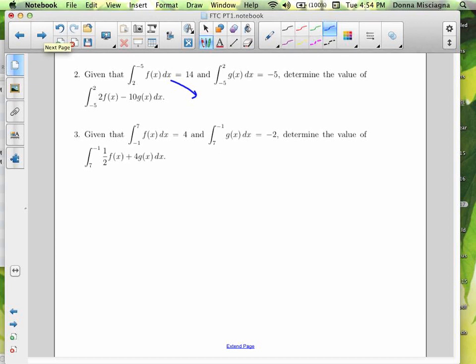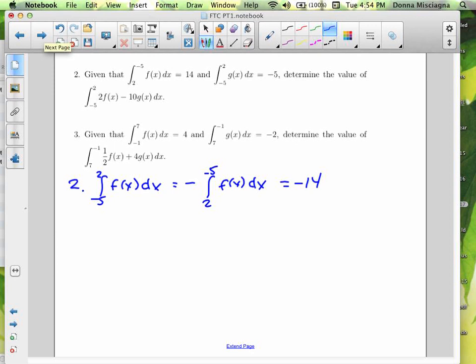But we can change that pretty easily. So for number 2 here, let me write that again. The integral of f of x dx from -5 to 2 is just the negative of the integral of f of x dx from 2 to -5. So that would be -14. Okay? So now our interval matches.